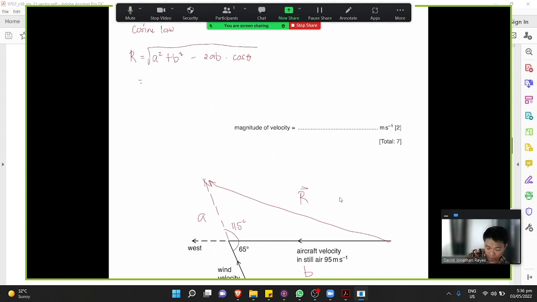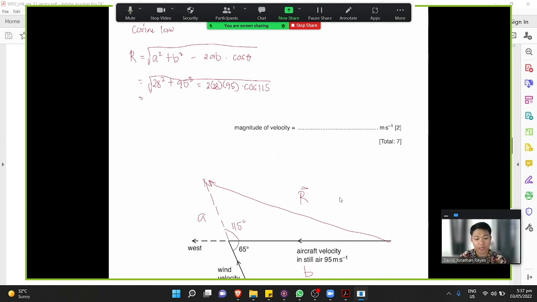And of course, copy the values. You'll have here 28 squared plus 95 squared minus 2 times 28 multiplied by 95 times cosine 115. Then square root all of it. Let's just solve it real quick.